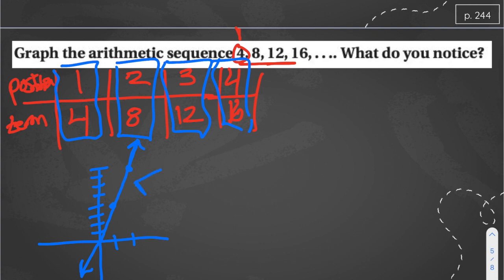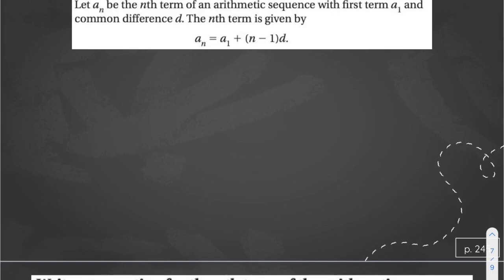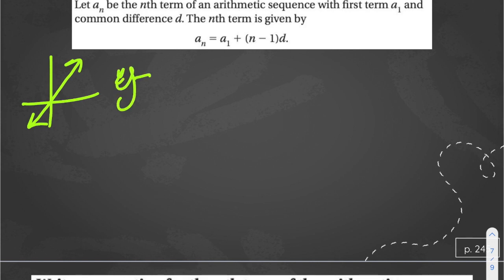Well, we notice that this graph, in light of what we've been talking about, is a linear function, or it makes a line. So what we just looked at is that these arithmetic sequences do form a line. And we know that we can write lines in this form, y equals mx plus b.